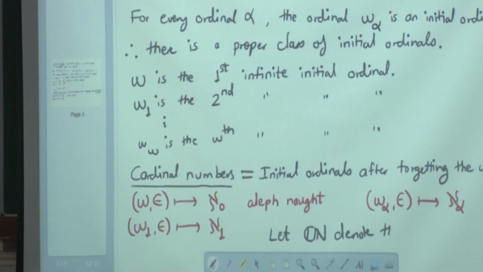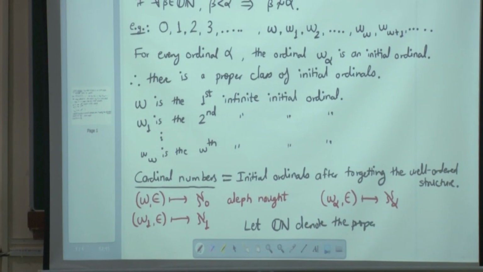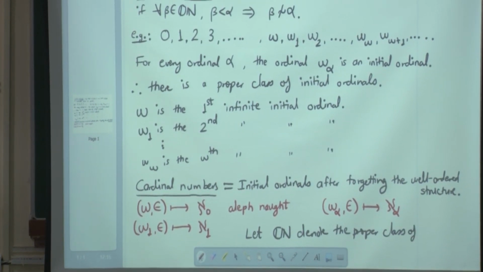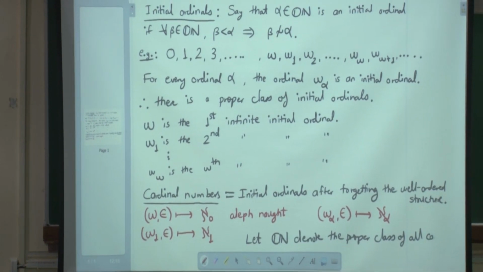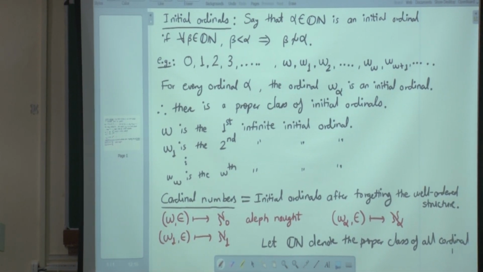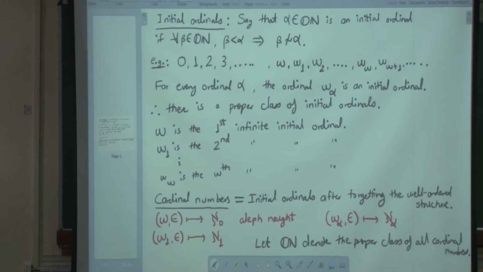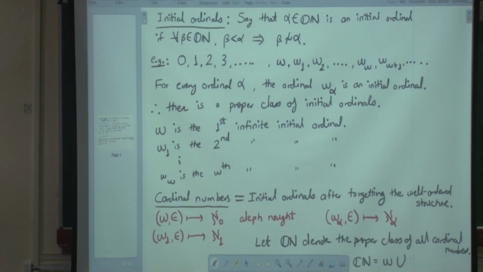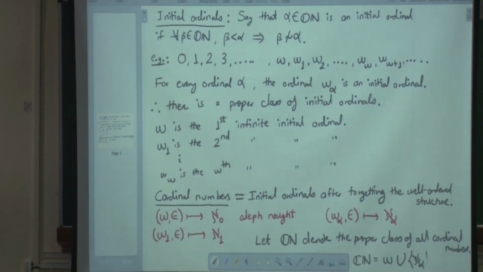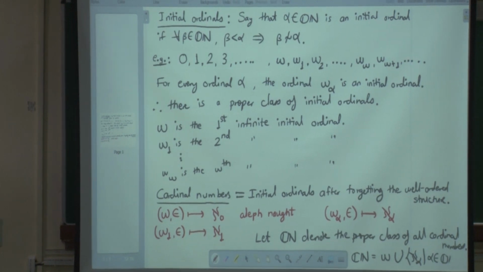And I will say that let Cn denote the proper class of all cardinal numbers. I hope there is no confusion why it is a proper class. So what does it contain? Cn is equal to omega union aleph sub alpha such that alpha is in On.